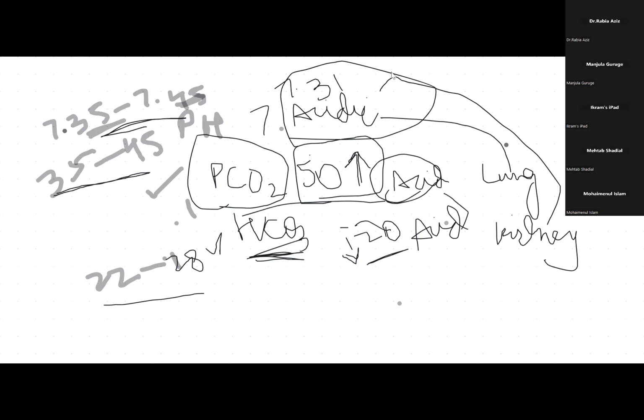So this is the picture of mixed respiratory and metabolic acidosis. All right, this was a different scenario than the before ones. Now moving towards the other scenarios, a few more.